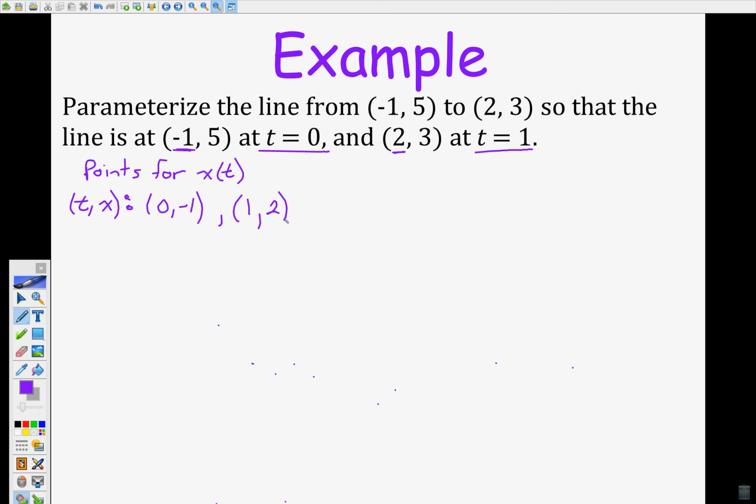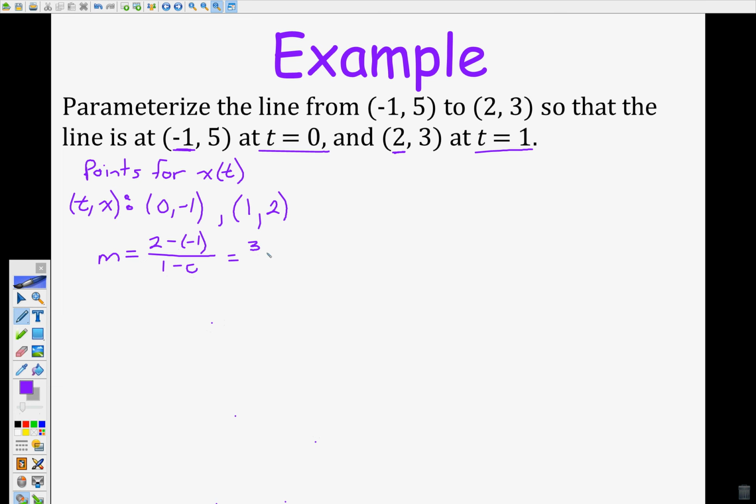Once I have points, the next thing to find the equation of a line is to get slope. So the next thing I'm going to do is find slope. So the change in x, which would be 2 minus -1, over 1 minus 0.